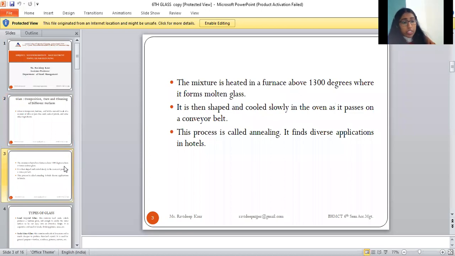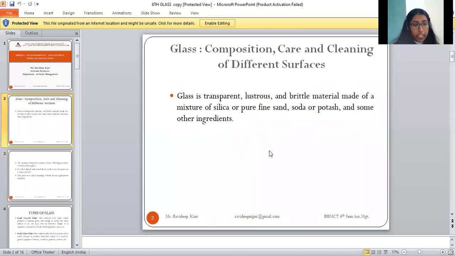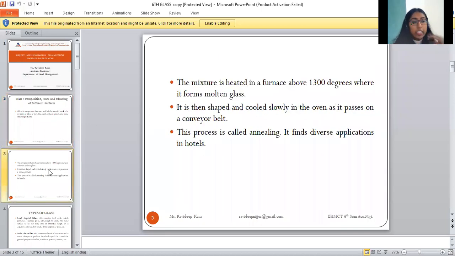The mixture of silica or pure fine sand, soda or potash, and other ingredients is heated above 1300 degrees and becomes molten glass. It is then shaped and cooled slowly in the oven as it passes on a conveyor belt.